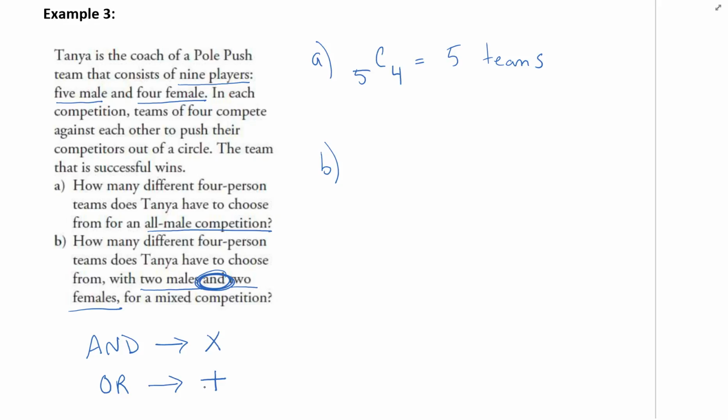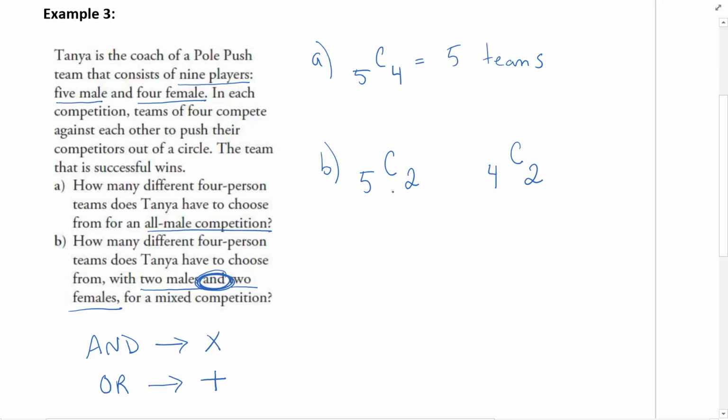So for our males, we still have 5 to choose from, but we can only choose 2 of them. For our females, there are 4 females to choose from, but we only want 2 of them.